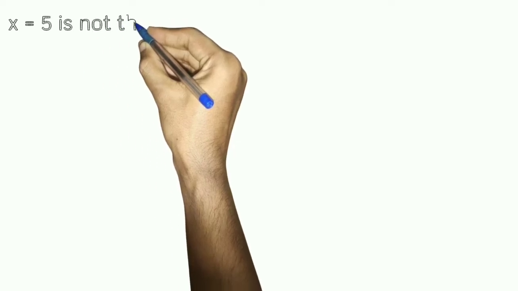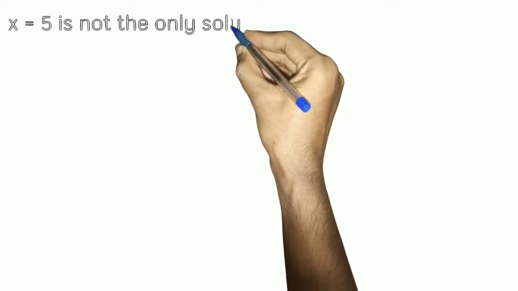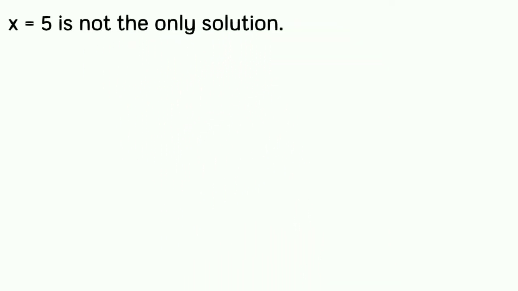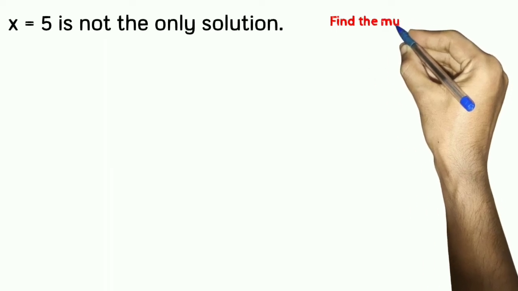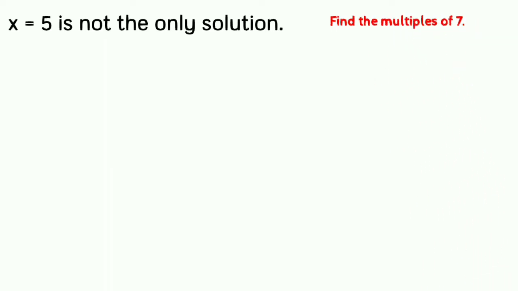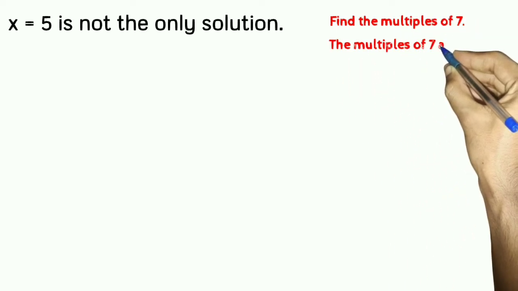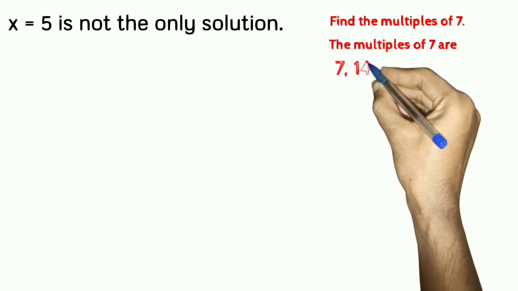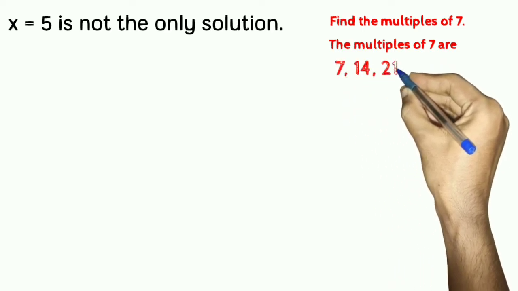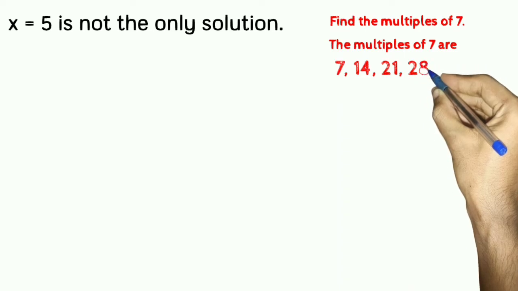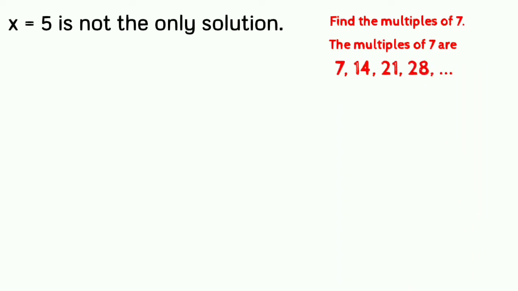In fact, x is equal to 5 is not the only solution for this problem. Meron pa tayong ibang solutions. In order to get the other solutions, find the multiples of 7. Ang multiples ng 7 ay 7, 14, 21, 28, and so on.